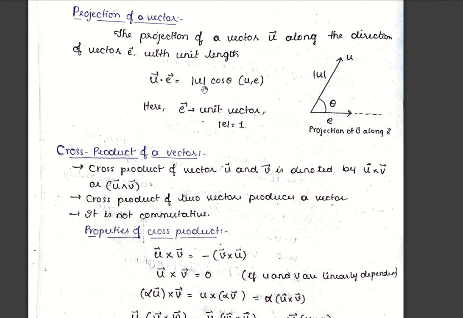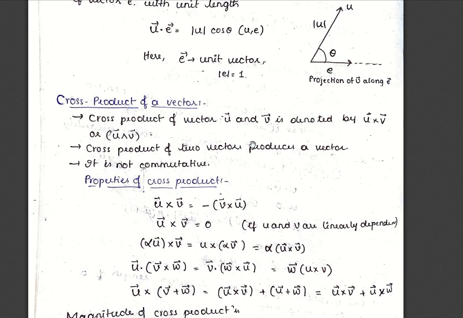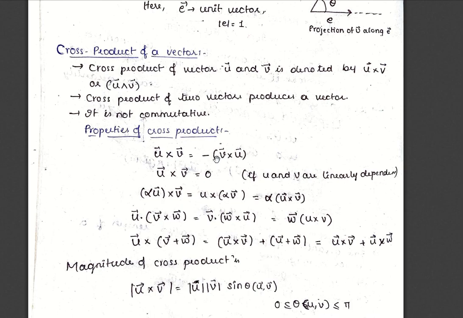It is the magnitude of u into the magnitude of e, cosine of the angle between them. I'm just omitting |e|, because e is a unit vector, so |e| is equal to 1. I can write it as |u| cos theta, the angle between u and e. That is about the dot product.